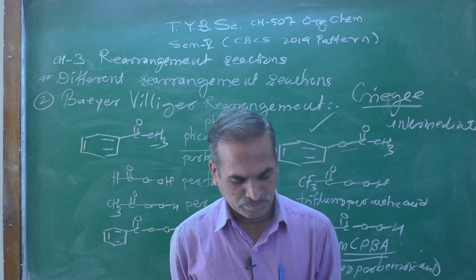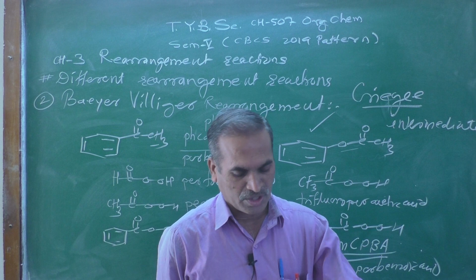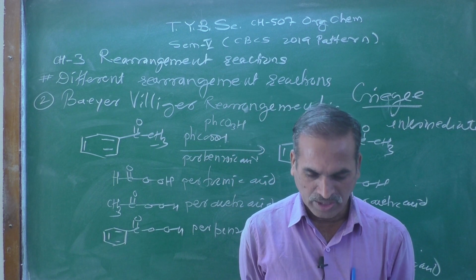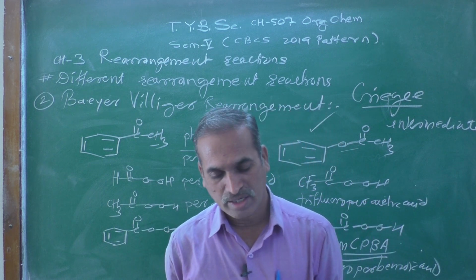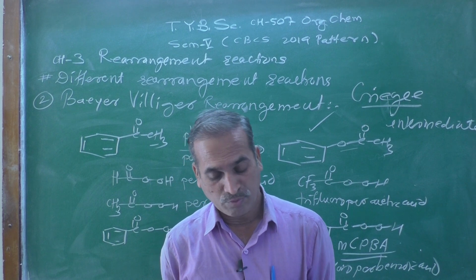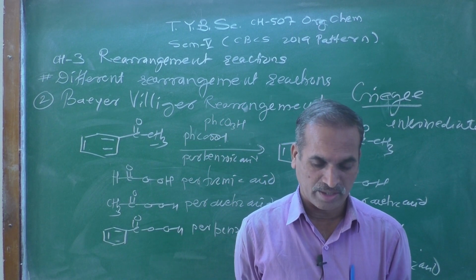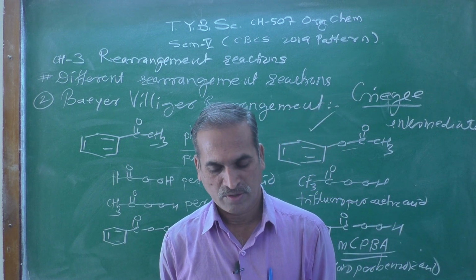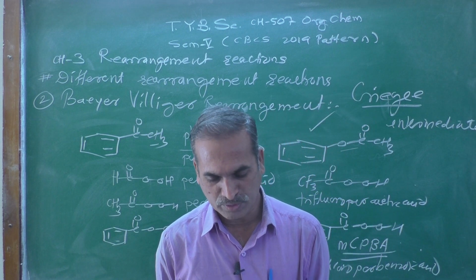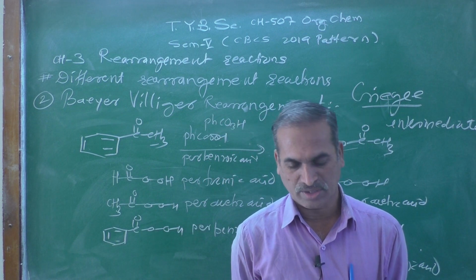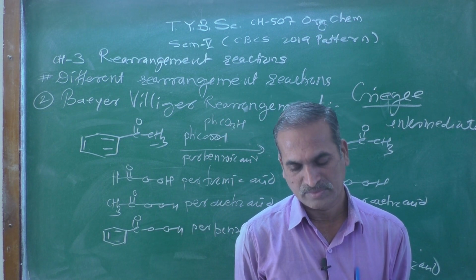Then migration of the alkyl group to the electron deficient oxygen takes place simultaneously to give a protonated ester molecule. And the fourth point they have shown here: this protonated ester molecule further loses a proton to give the final ester molecule.